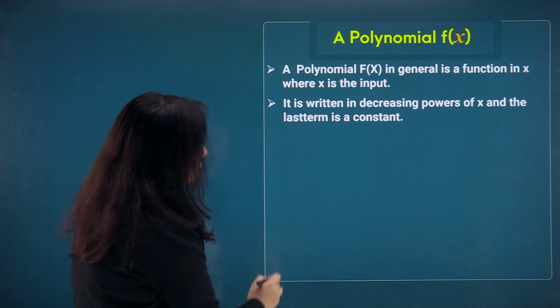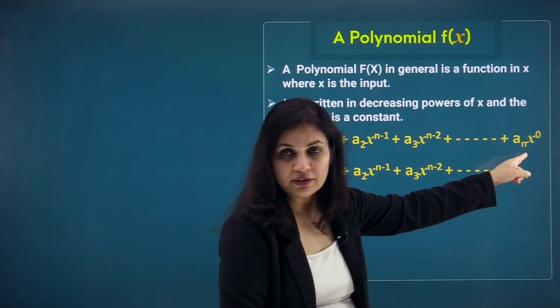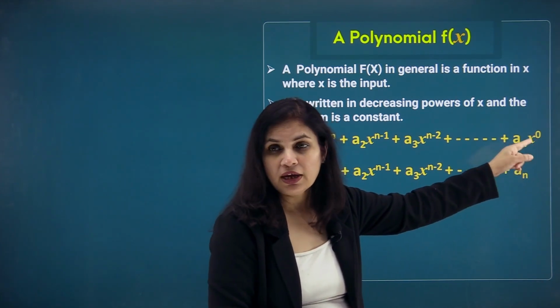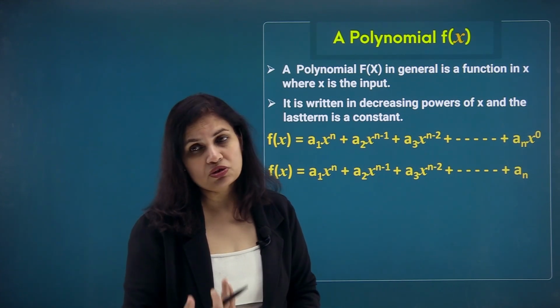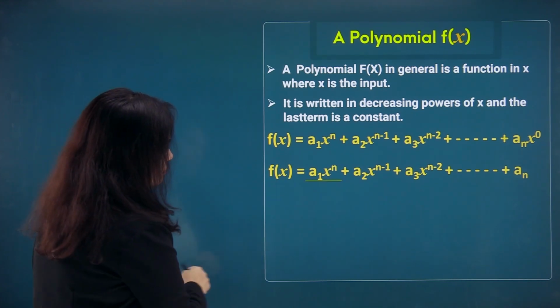So what we eventually have is a_n, the nth constant, multiplied with x raised to the power 0, and we know any variable or number raised to the power 0 is always 1. So my last term eventually becomes a constant.